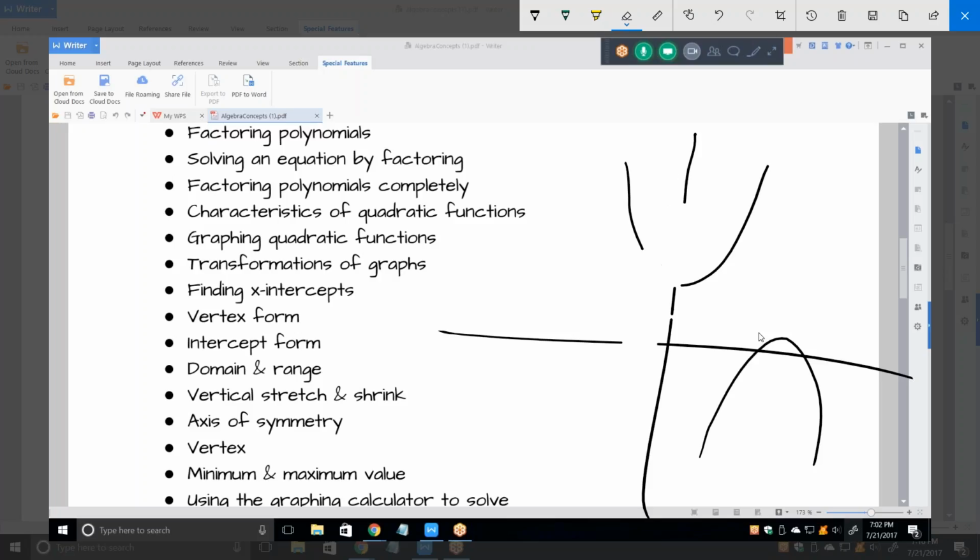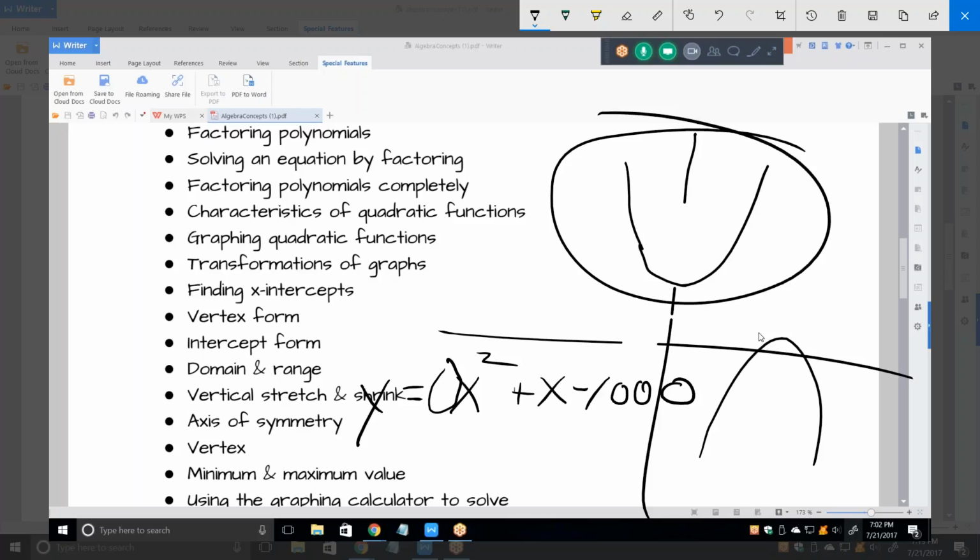Now, let's talk about something very simple. What determines whether it points up or down? Well, if I have a plus sign in front of the x squared, that points up, regardless of anything else. In other words, that implied plus sign means I'm looking at that kind of a quadratic.